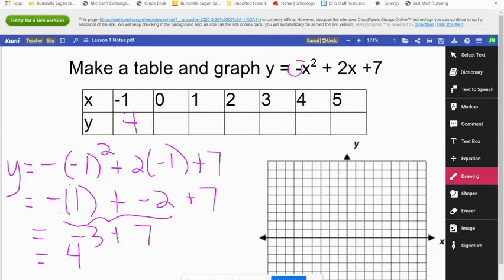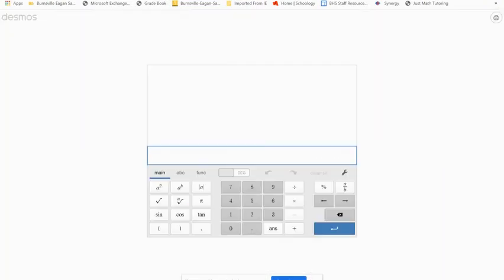Okay. Now, to make this a little easier, you can use whatever calculator you'd like. But in my folder, there's that Desmos scientific calculator, and it looks kind of like this. And I'm going to show you, you can type it in just the way you wrote it on your paper, as long as you use the parenthesis in the right spot. So if I wanted to do negative parenthesis -1 and then to the power of squared.